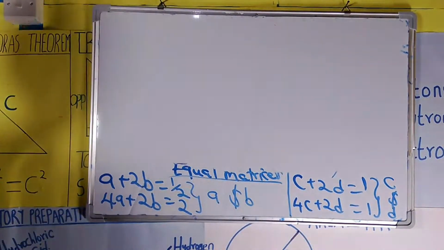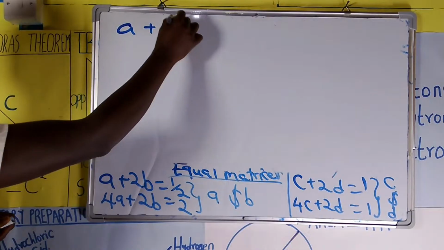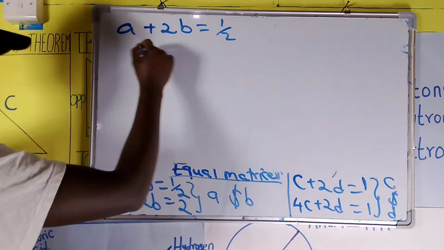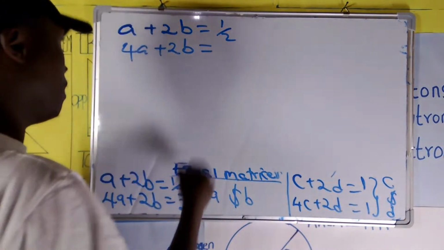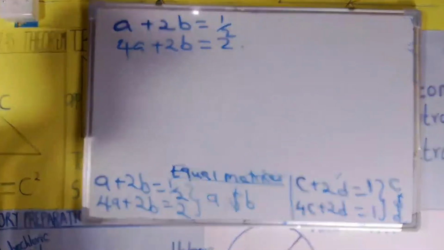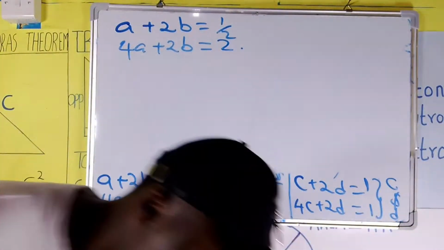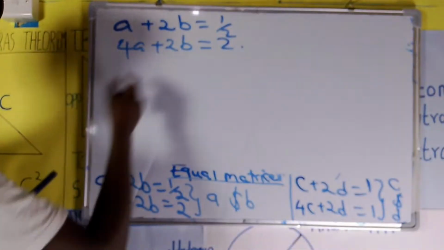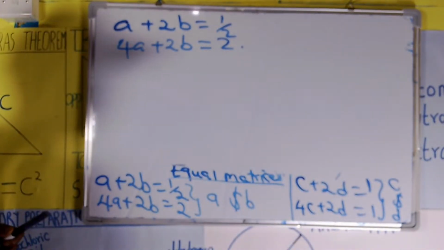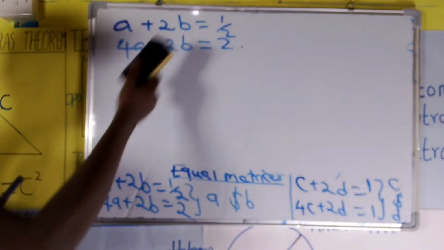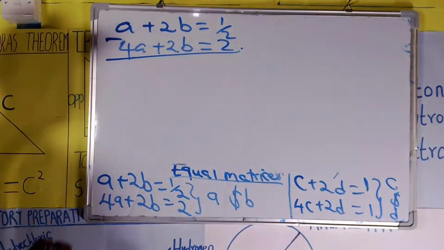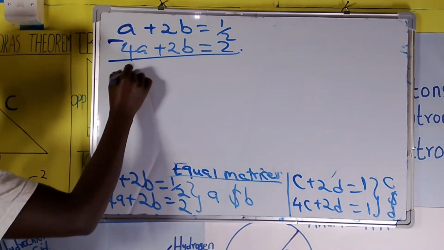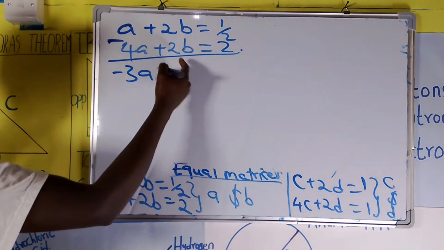So take A plus 2B is equal to a half, and 4A plus 2B is equal to 2. Here we can decide to eliminate B, because the 2B and 2B are equal to each other. So we can just subtract. A minus 4A is negative 3A. 2B minus 2B is 0.